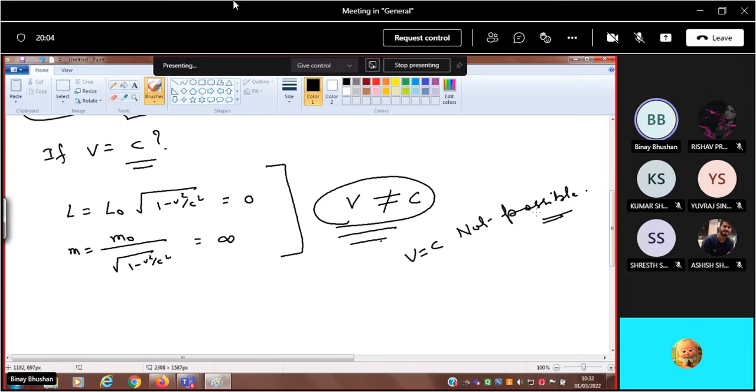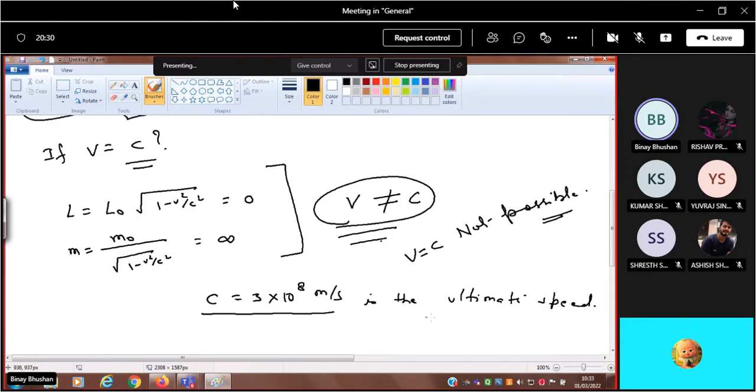V equal to C possible नहीं है, V greater than C तो सोचने की बात ही नहीं है, right? So what is the conclusion here? That speed of light in free space, that is this 3 into 10 to the power 8 meter per second, is the ultimate speed.